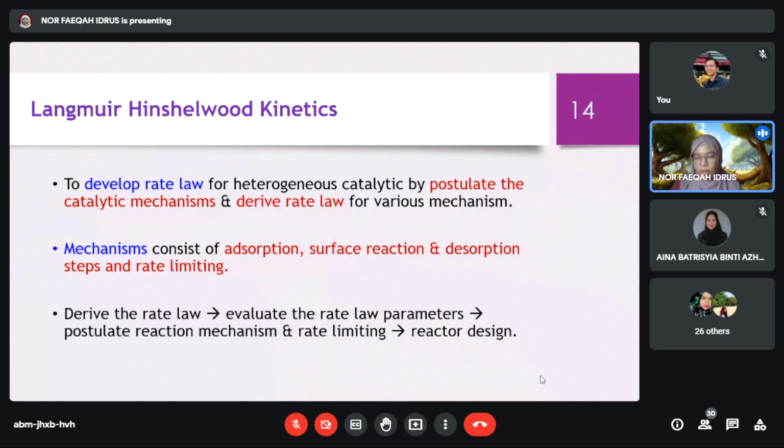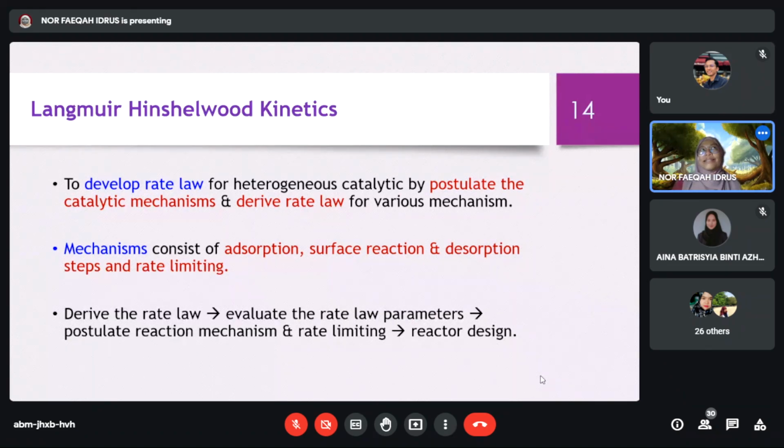You just know the general rate equation, but what mechanism of reaction actually occurs on the active site of the catalyst? So we need to predict or propose the mechanism, and then based on the proposed mechanism, you derive the rate law.